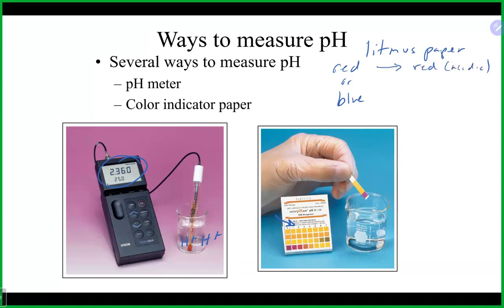Again, it will not tell you the pH. If your litmus paper stays blue or turns blue, it usually means it is basic. So if your litmus paper turns red, it's acidic; turns blue, it's basic; or it stays on those colors, it's acidic or basic, depending on what you got.